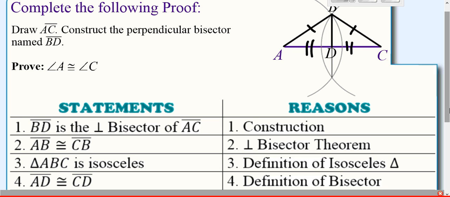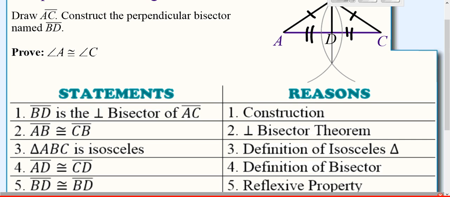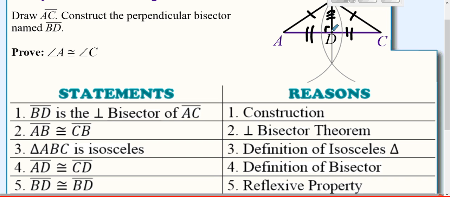And we also still know the reflexive side. So the only thing we did is we changed out the right angles here, changed it out for the perpendicular bisector theorem to say, instead of the angles, you could say that those sides.